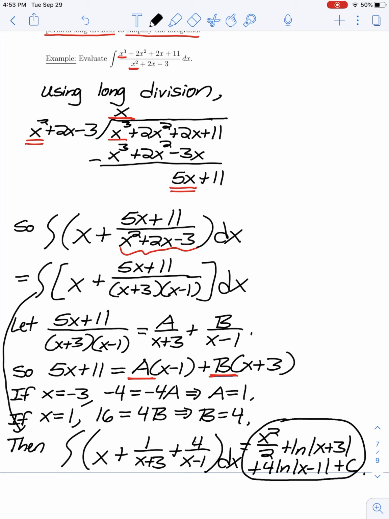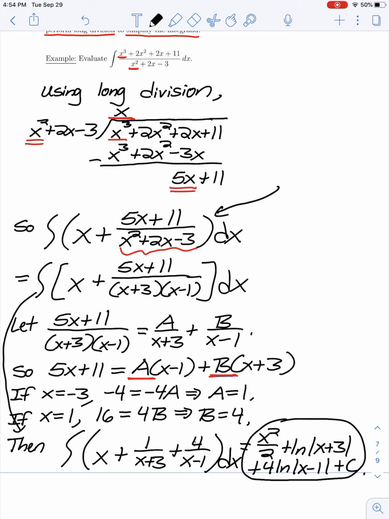So here we see that in the case that our numerator has a degree that is greater than or equal to the denominator, we would first need to perform long division to simplify that integrand down to the sum of some polynomial term and a rational function where the degree of the numerator is then less than the denominator.